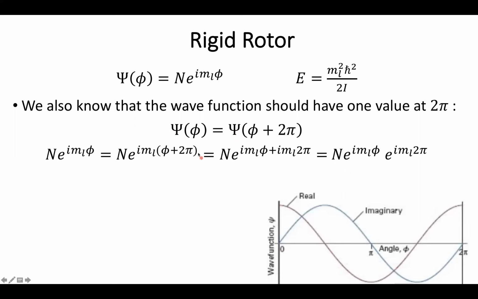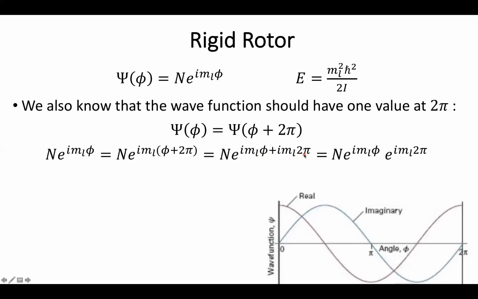So let's go ahead and plug in our equation. On the left side, we have our simple wave function. On the right side, we now have phi plus 2 pi inside of our exponential term. Well, this is a little bit pesky. So what we can then do is factor the system out. Now in the exponent, I have i m sub l phi plus i m sub l 2 pi.